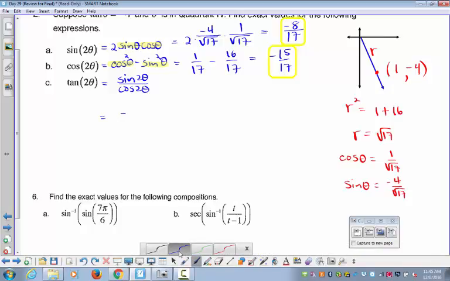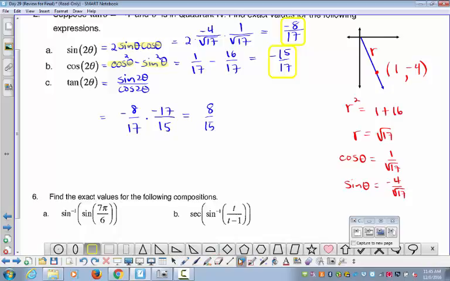In the last one, we do negative 8/17 multiplied by negative 17/15. So we end up with a positive 8/15.